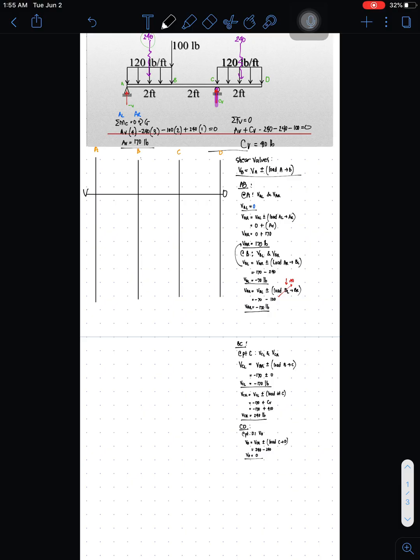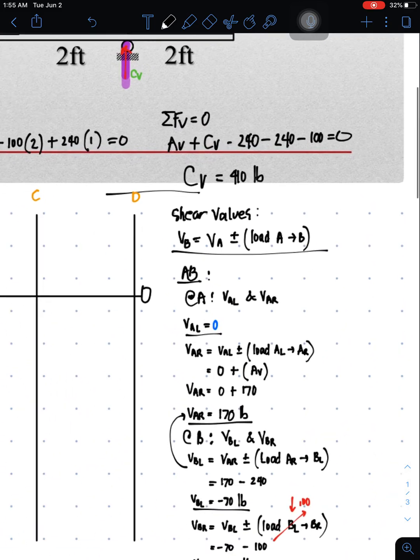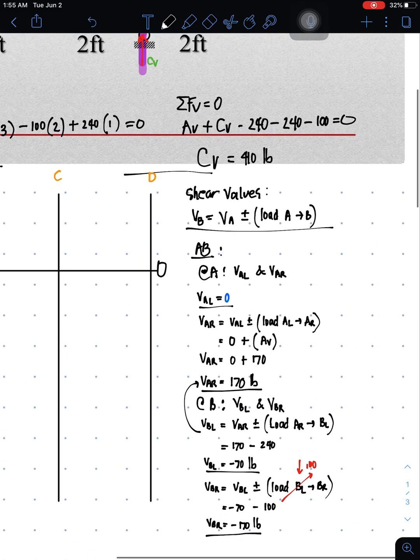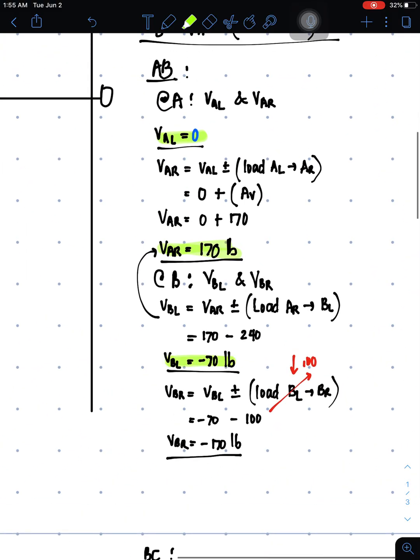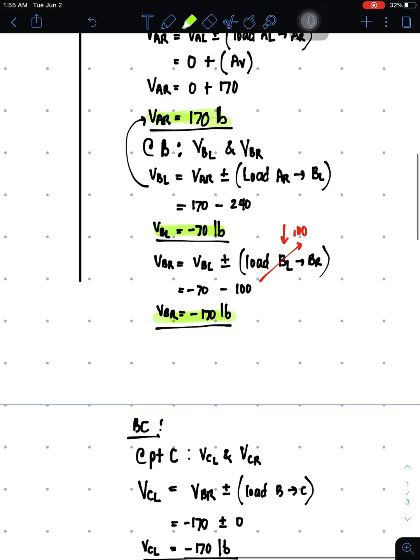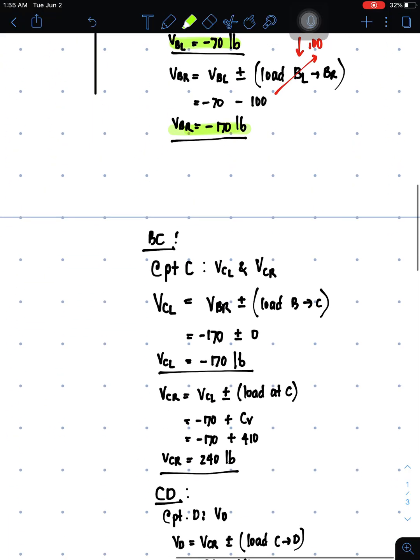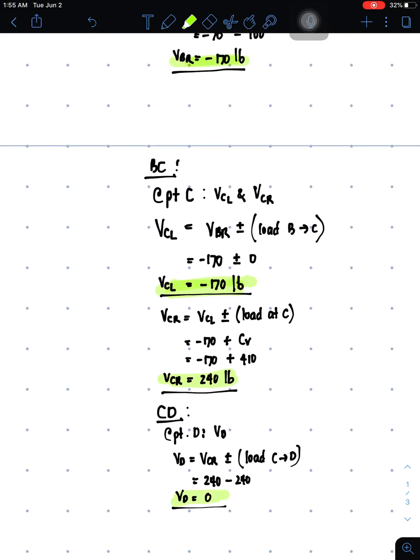So let us plot. How do we plot? The sequence or order is still the same. We plot from 0, and the plotting should be in order. So from 0 to 170, to negative 70, to negative 170, and then another negative 170, then to 240 and 0.